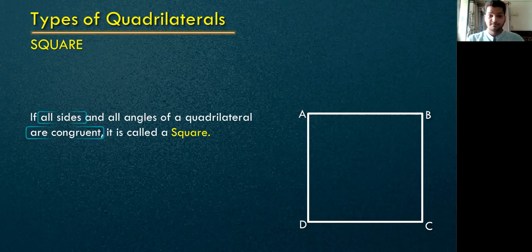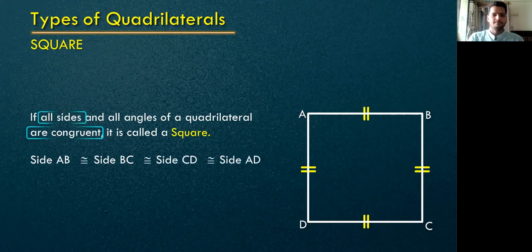Yes, sir, absolutely. So we will mark them with two strikes, that is, all four sides of the quadrilateral are congruent. So side AB is congruent to side BC, is congruent to side CD, is congruent to side AD.